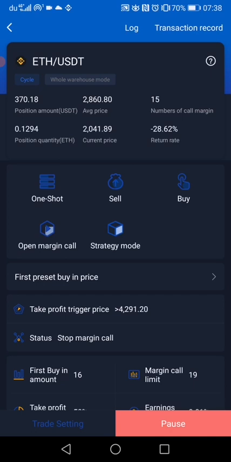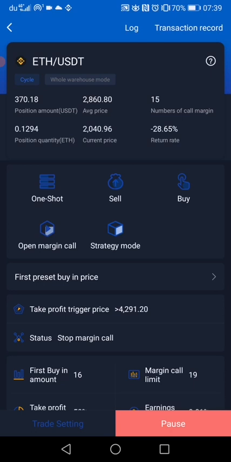For this case, it's 28.62. So what it simply means is that my asset has dropped 28% from my average price. So the price needs to travel 28.61% to get to my average price, to be at the break even point. If it then travels above that by the take profit ratio, it makes a profit.